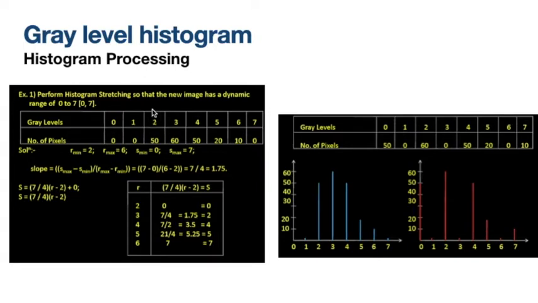So in this image 2 is the lowest pixel value, and 6 is the highest pixel value, because for 7 also the number of pixels is 0. So R min is 2 and R max is 6. Okay, so you got R min, R max, S min and S max.